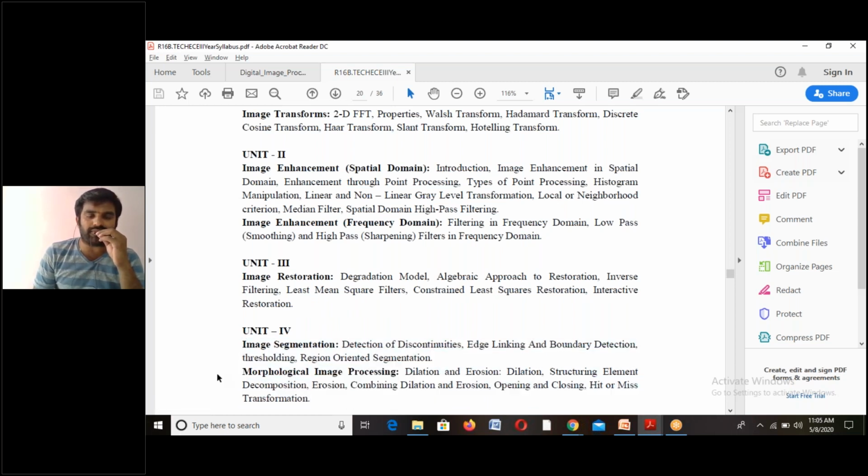Morphological image processing is already discussed for A section as well as B section people. For B section people, the image segmentation part is also over, but anyhow, I'm repeating the same for the sake of A section people. In image segmentation, in total we have detection of discontinuities, edge linking and boundary detection, thresholding, and region oriented segmentation.